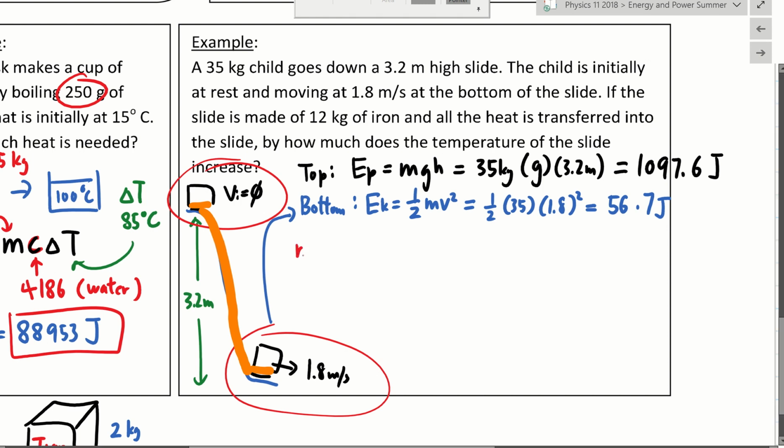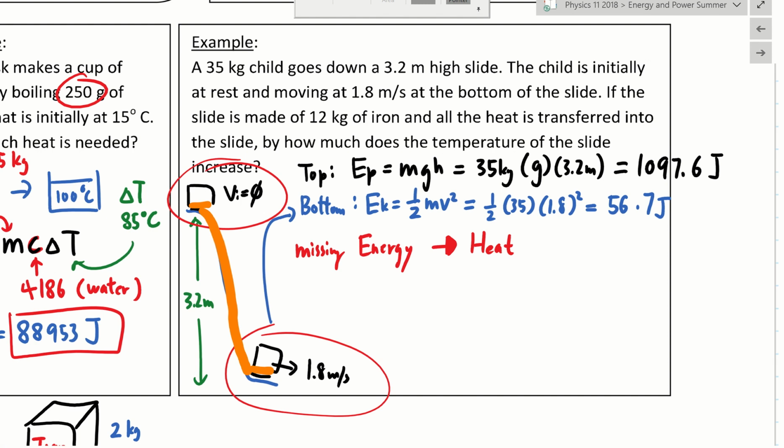So the missing energy is turning into heat. The missing energy is all converting into thermal energy. And let's say that thermal energy is only heating up the slide instead of heating up you.